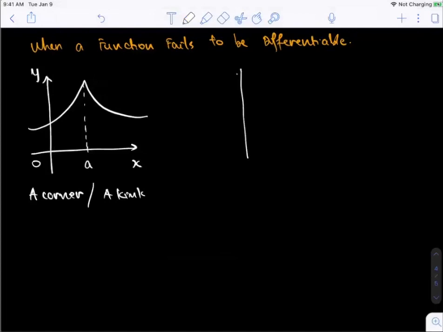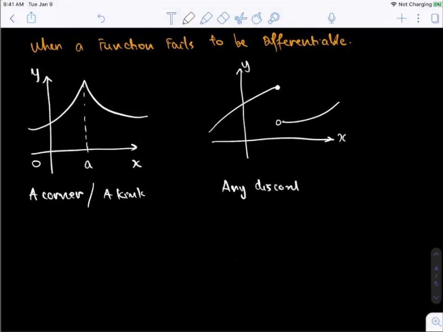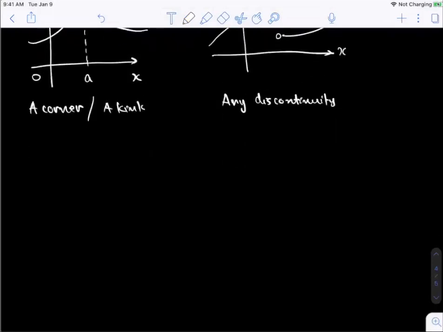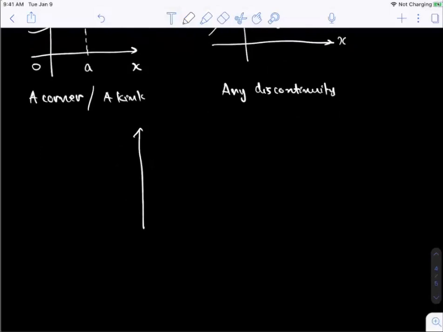For the second case, when you have any discontinuity, then it's not differentiable. Then the last case, when you have a vertical tangent line, something like that. This is the vertical tangent line.